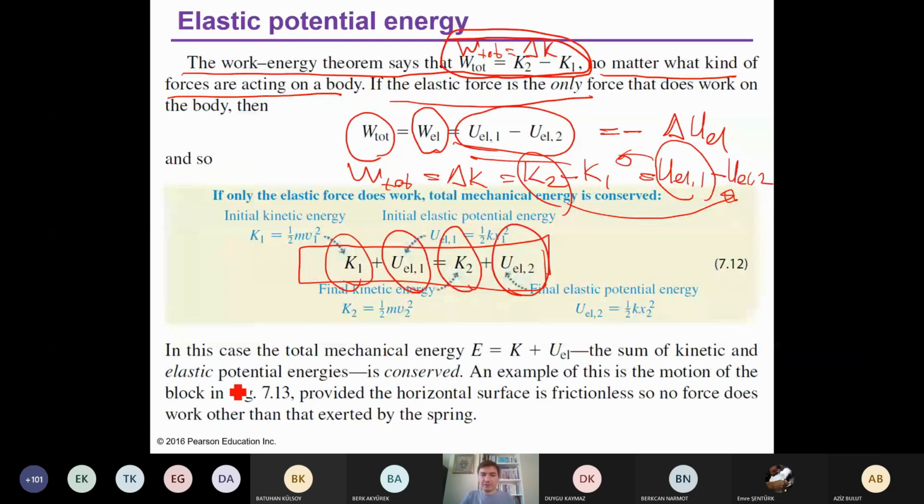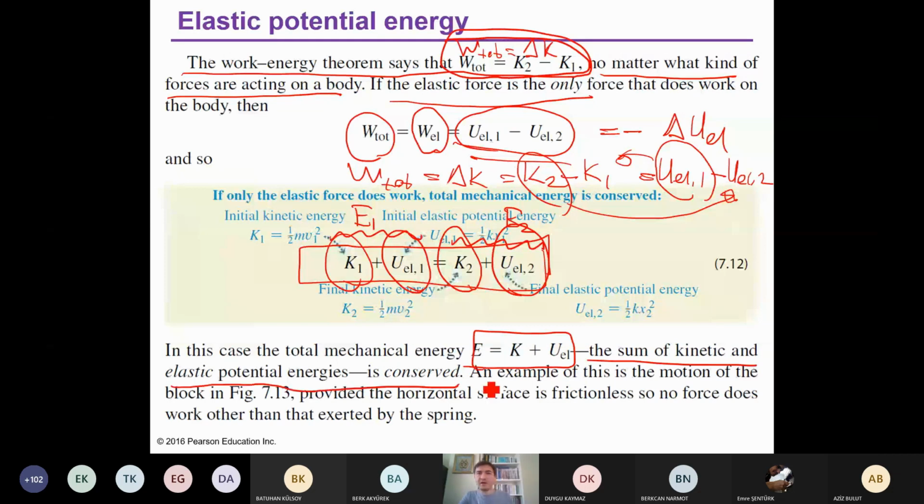And total mechanical energy is also conserved. So here we have total mechanical energy E1 in the first case and E2 in the second or final case. If there are no other forces, total mechanical energy is conserved, and this total mechanical energy is written as the sum of kinetic and elastic potential energies, and it is conserved.